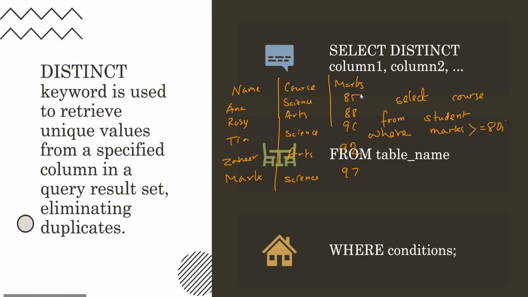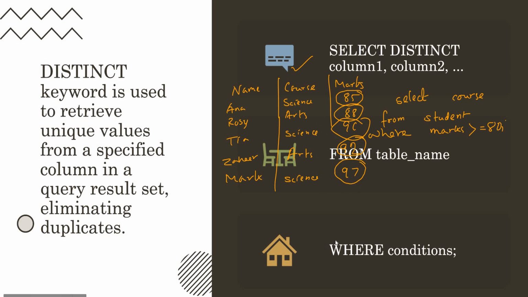Then if you check the data, we'll get this. Here all the values I have given are above 80, hence all the courses are going to be printed. That is, this exact column will be printed which contains data like science, arts, science like this.